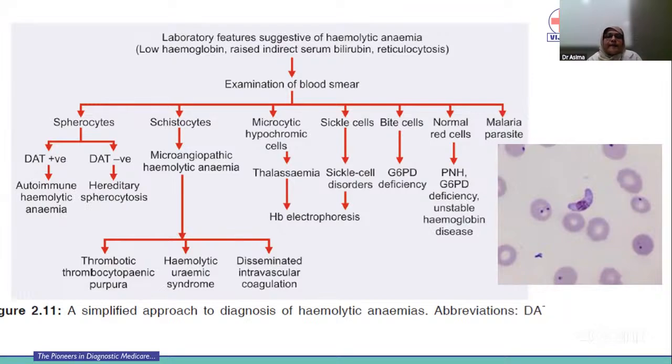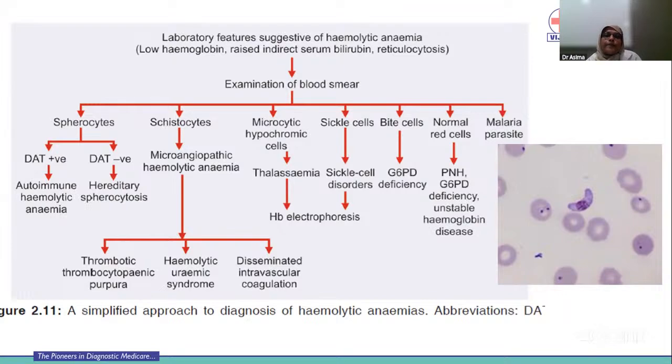Then if we find sickle cells, it can be a sickle cell variant, and these two we can generally do by Hb electrophoresis or HPLC. We do HPLC at our lab. Then in G6PD deficiency, we have bite cells.